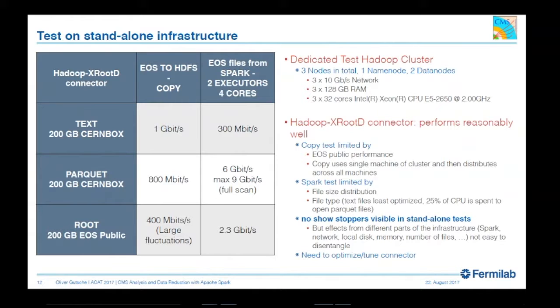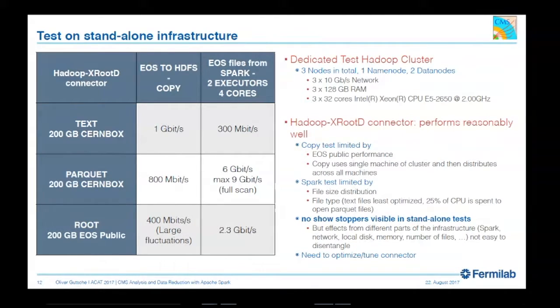Parquet, possibly due to fluctuations in network load and all that, 800 megabit. And then if you change the EOS instance, you start to see different effects. If you go to EOS public, which is more heavily loaded by people that do heavy copies, you have large fluctuation and a lower copy rate.